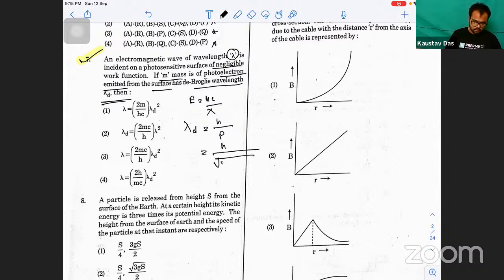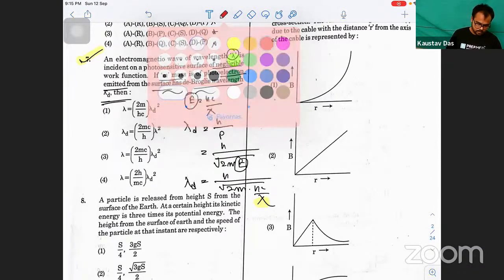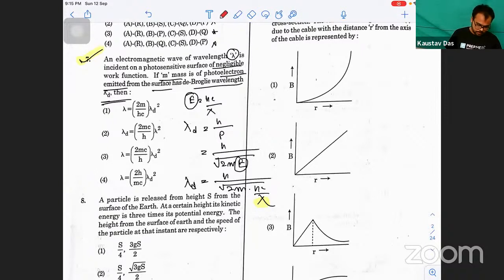The value of E we can replace with hc divided by lambda, and we can get our answer. This is the value of lambda d. If you solve for lambda, you will see the answer is going to be option number 3. Option number 3 is the correct answer, 2mc by h into lambda d square.